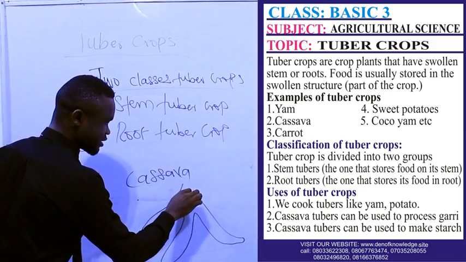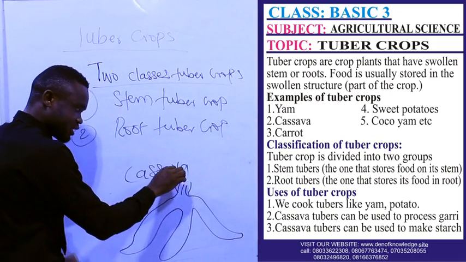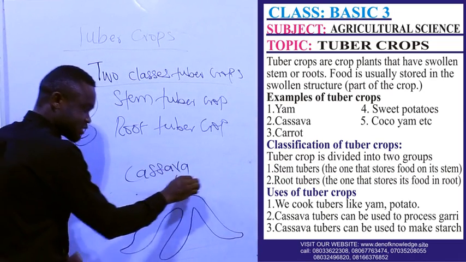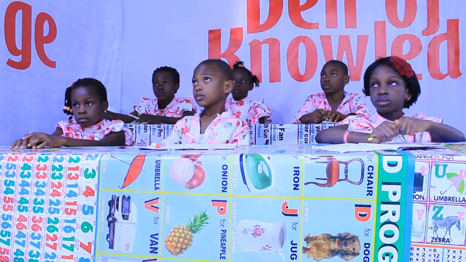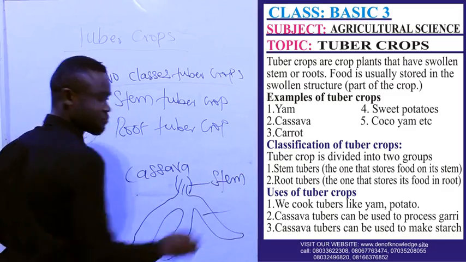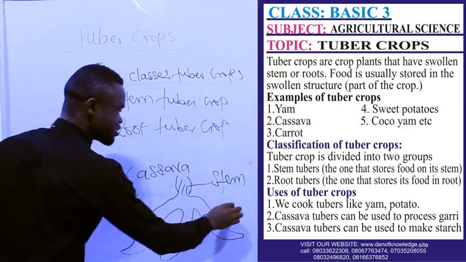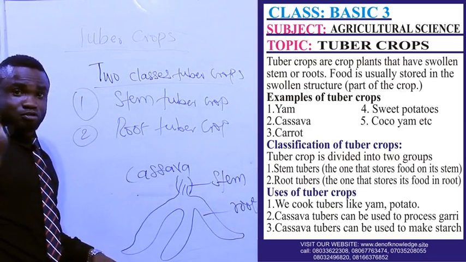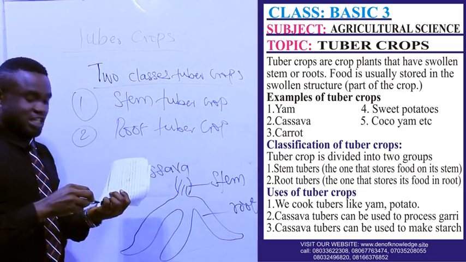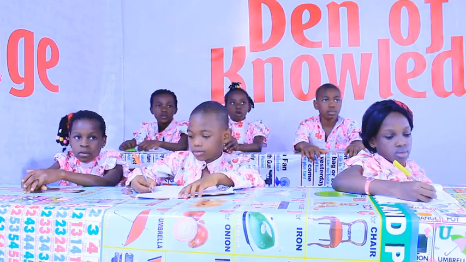Look at the stem side here. It will still swell up here. You can use this side as well as this side. Here is the stem part. Here is the root part. So, cassava is a good tuber crop.